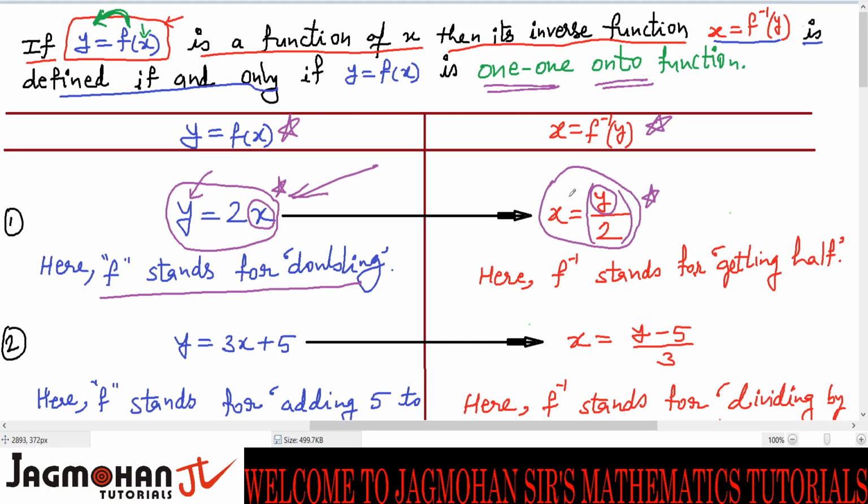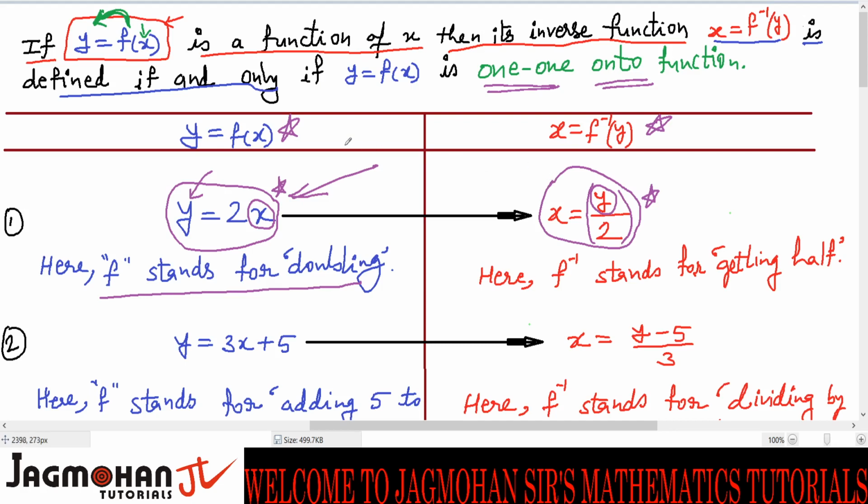So always remember, when you define the inverse of a function, the domain and range get reversed. What was the domain in the earlier function will now become the range, and what was the range in the earlier function, the inverse function will have that as its domain.